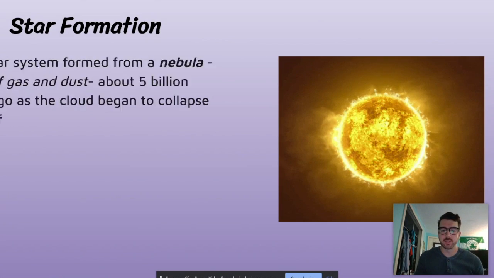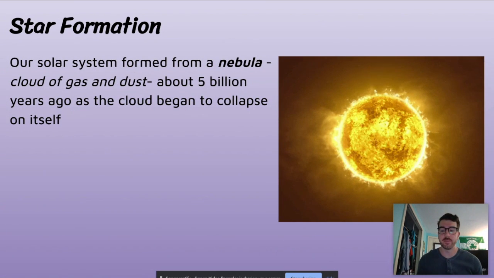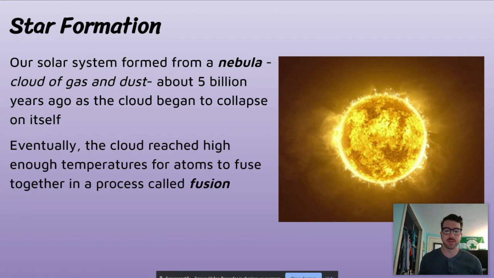So our solar system was formed from a large cloud of gas and dust called a nebula about 4.5 to 5 billion years ago. What happened was this cloud started to collapse on itself. As it collapsed, the internal temperatures of that gas and dust cloud began to increase more and more.